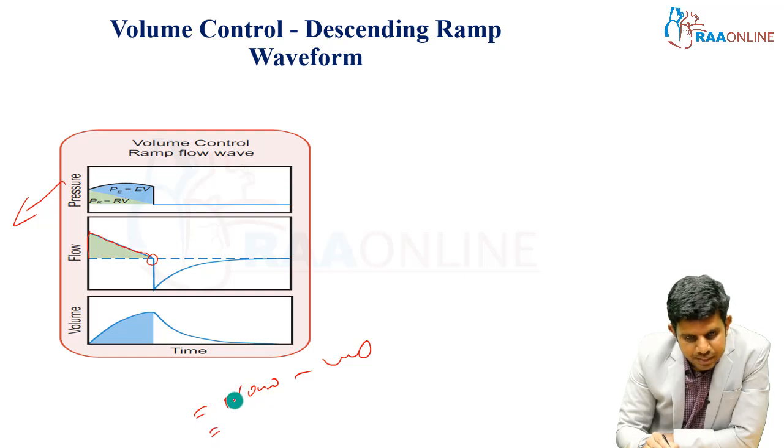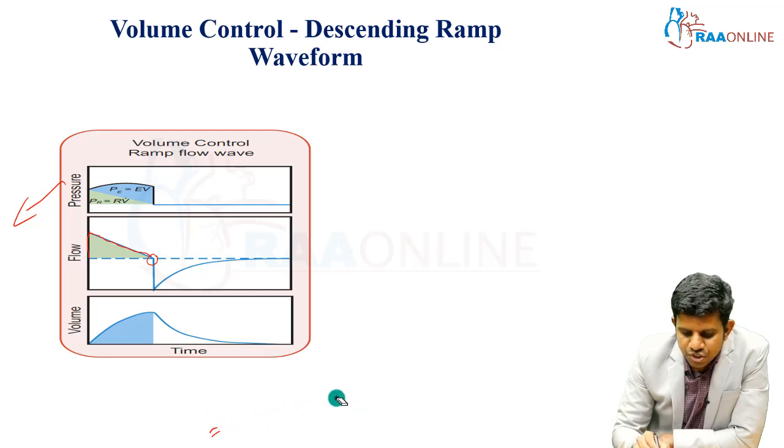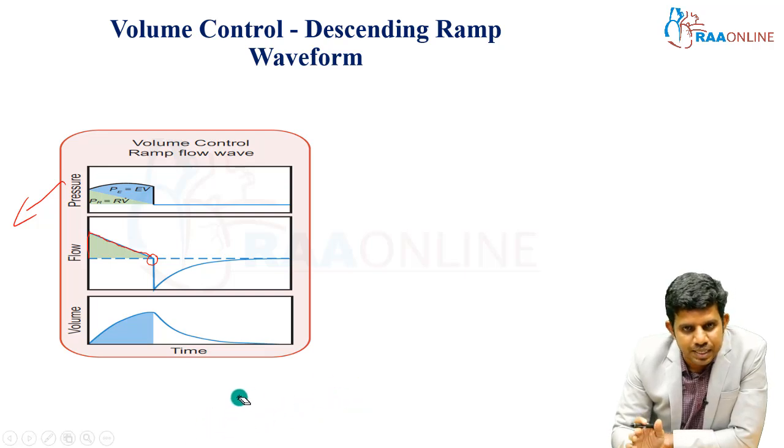In others you set a tidal volume and inspiratory time, and from this inspiratory time the ventilator will calculate the peak flow. Whatever the way, the peak flow will be constant even in the descending ramp.